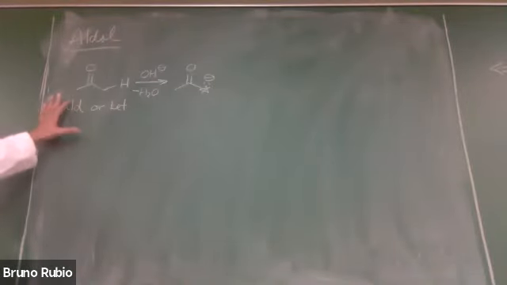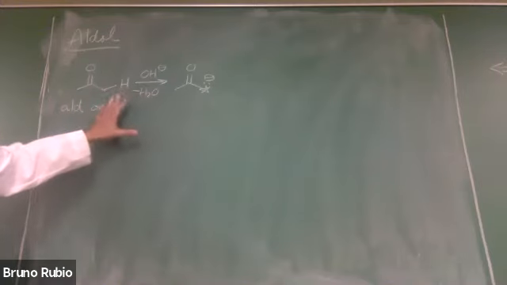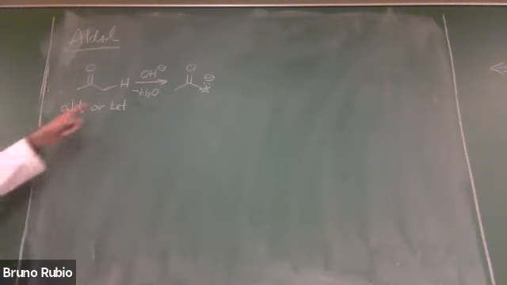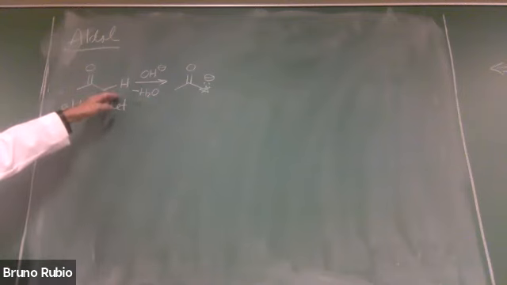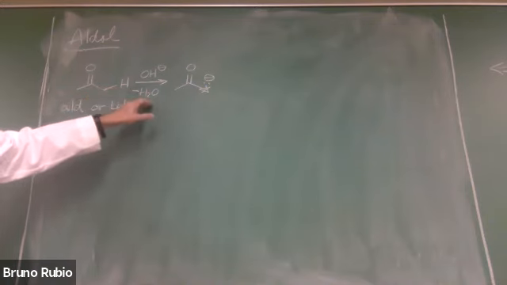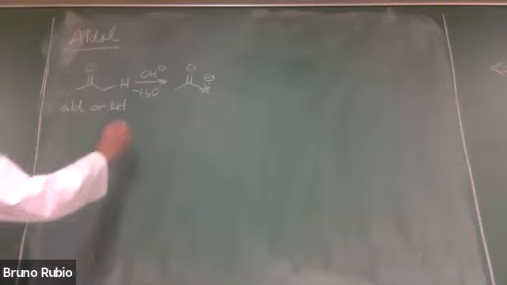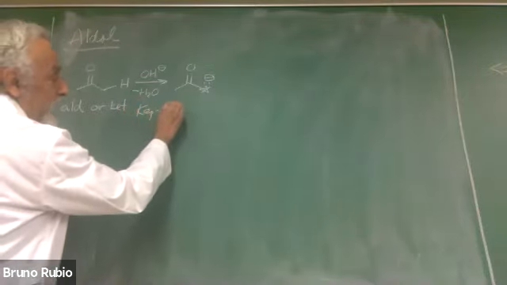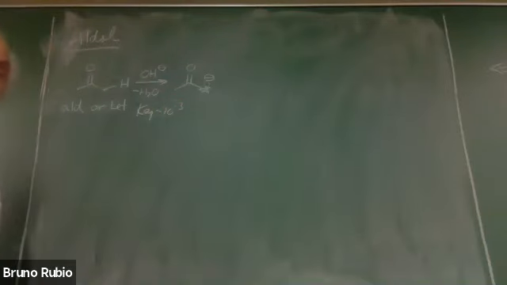Okay, now the equilibrium constant for this reaction is small, because the pKa of an aldehyde or a ketone alpha proton is about 20. The pKa of water is about 16. The equilibrium constant for this reaction is about 10 to the minus 3.